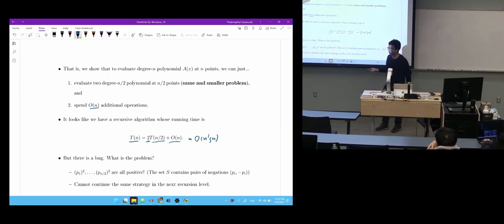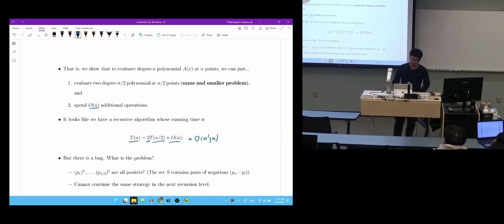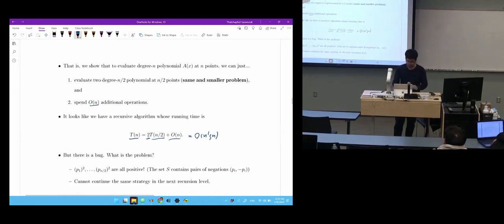But to be able to get this trick done, you actually need the set S to have pairs of positive and negative numbers. So it means that you cannot really continue this strategy on the next level. The recursive algorithm actually doesn't work. So, question up to this point? You see there is a problem with this.